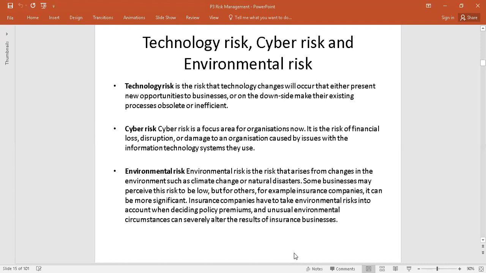Okay, technology risk. Cyber risk is a risk of financial loss, disruption, or damage, because external entities or external parties or external intruders enter into the system to cause some damage or destruction to the systems. Any loss that arises on account of these things, we refer to as cyber risk. So it's a risk of financial loss, disruption, damage to an organization caused by issues with the information technology systems they use.